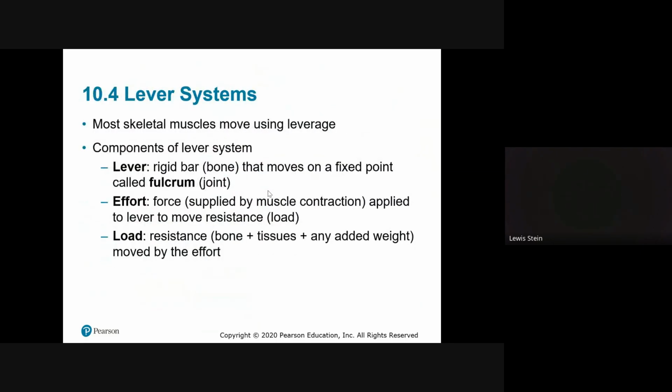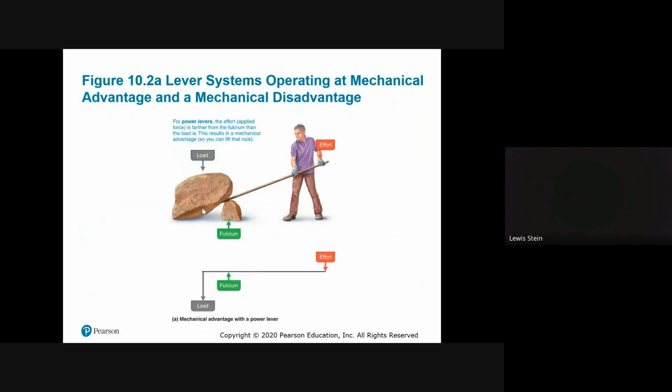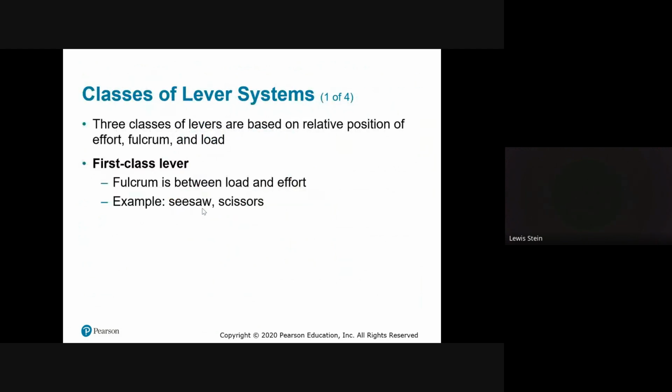And this is where they do the leverage system. Go look at it. I said leverage. That's what I thought. Put a stick under it and lift a stone. And here, the effort, the fulcrum, the load. Who knew it was a teeter totter, a seesaw?